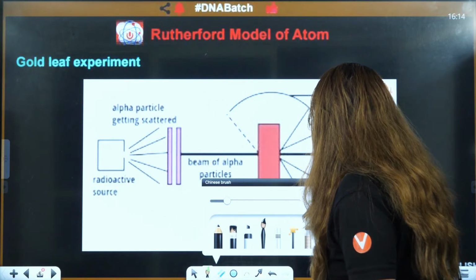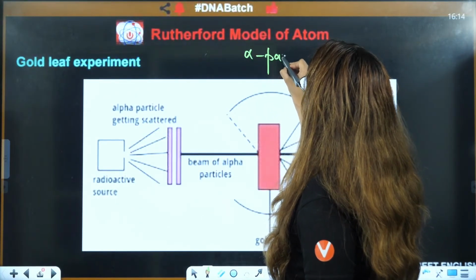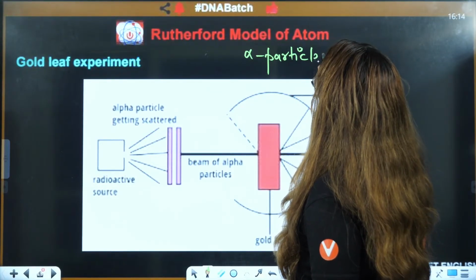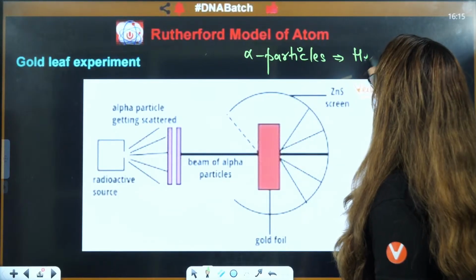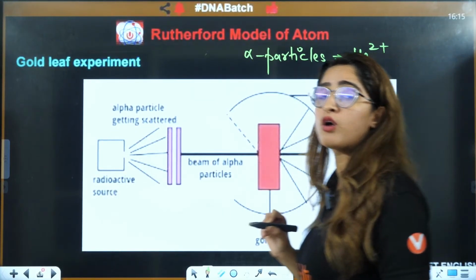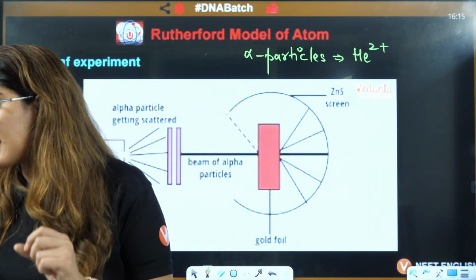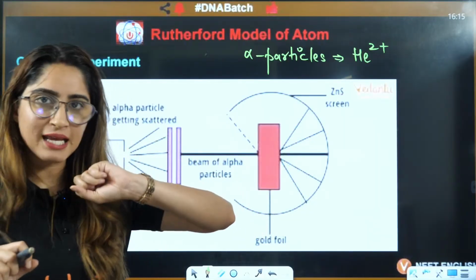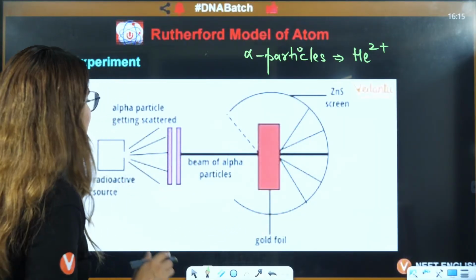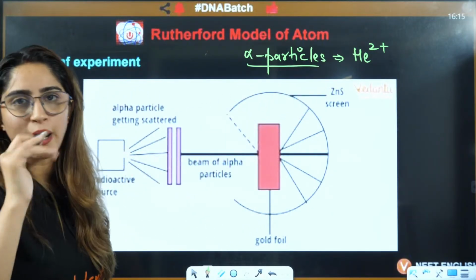Now, can you please tell me, what are alpha particles, students? Alpha particles are, you have helium, right? You take out 2 electrons from helium, and that is called an alpha particle. We know these are positively charged particles.